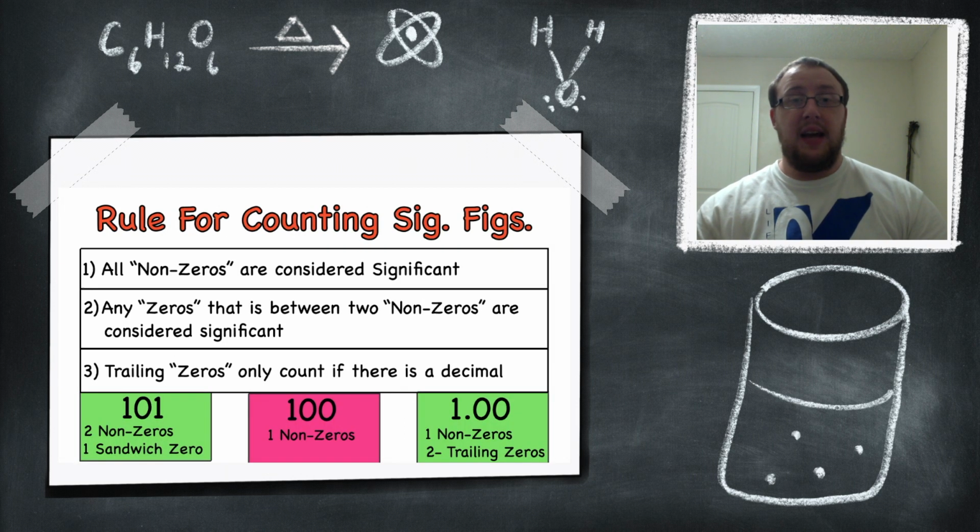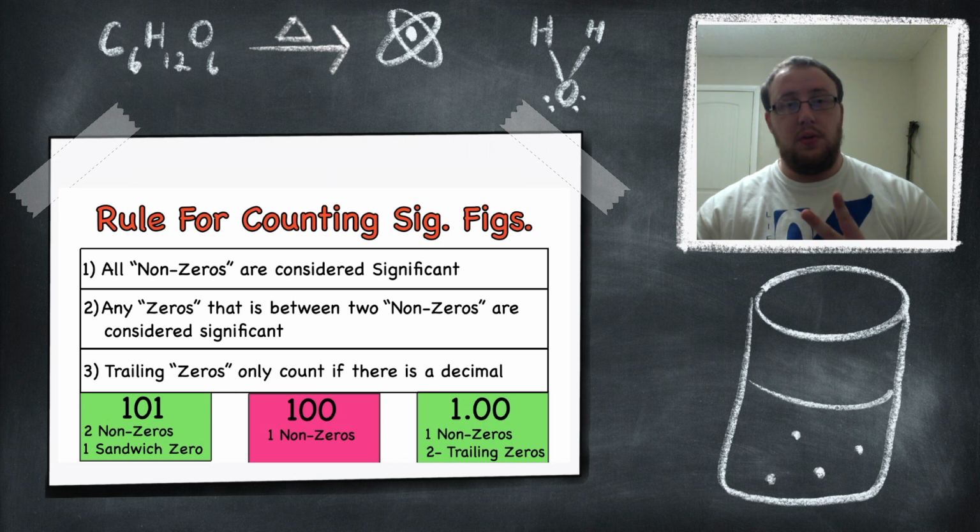In order to make data both accurate and precise, scientists use the rule of significant figures. Significant figures is a way to count numbers to reliably compare data. There are 3 rules for counting significant figures. First rule, all non-zero digits are always considered significant. In other words, a number that's not 0, you count as significant.